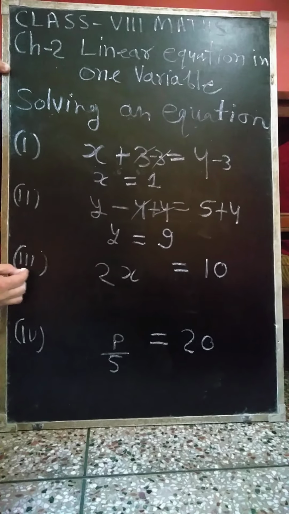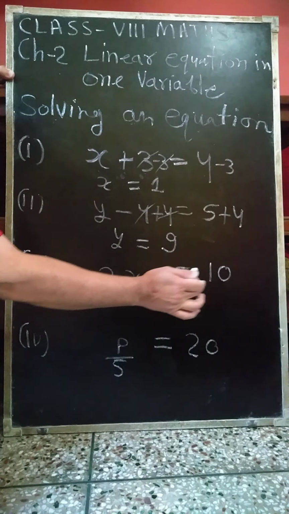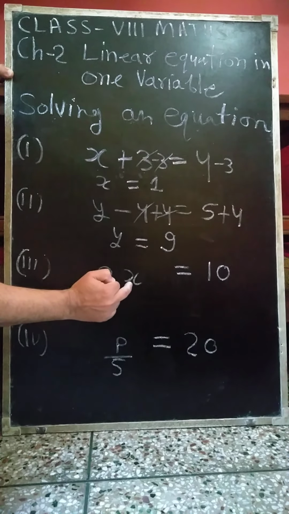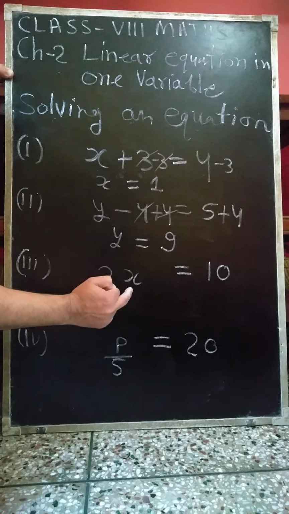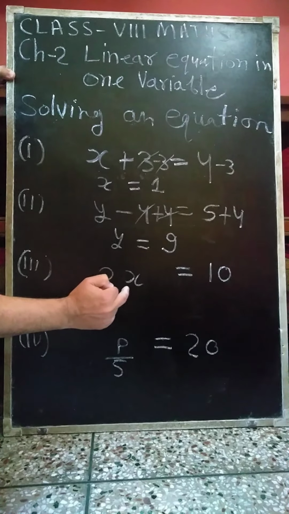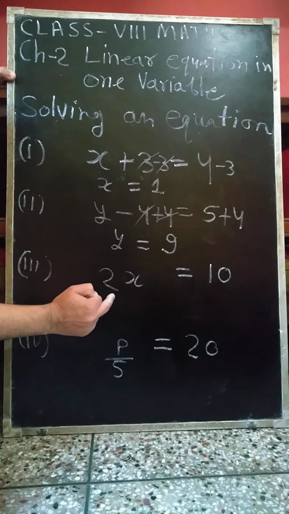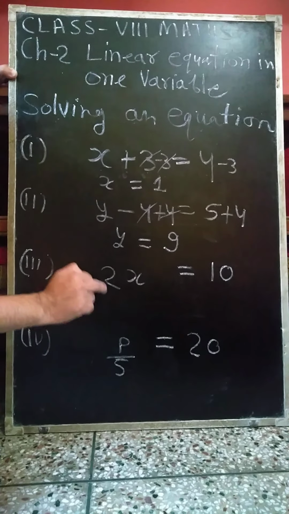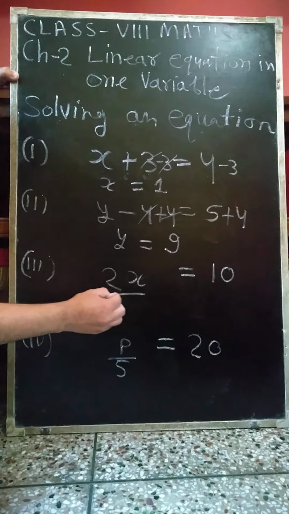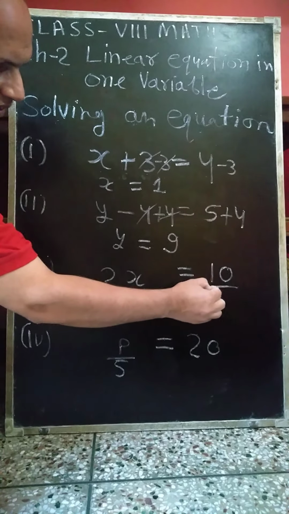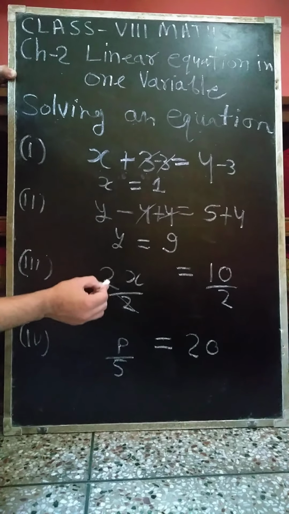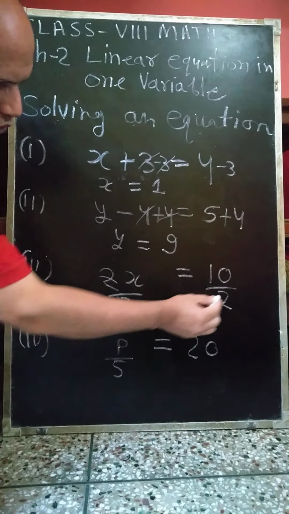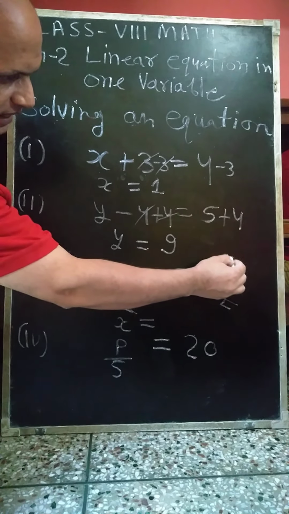Third situation is 2x equal to 10. Here 2 is in multiplication with the variable, so you must divide both sides by 2. Answer is x equal to 5.